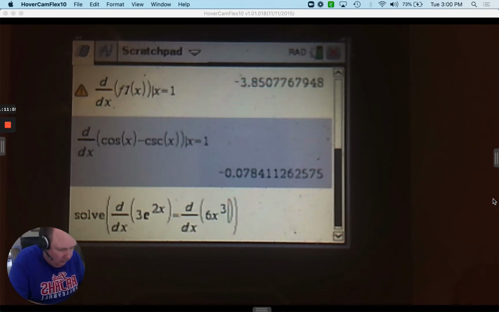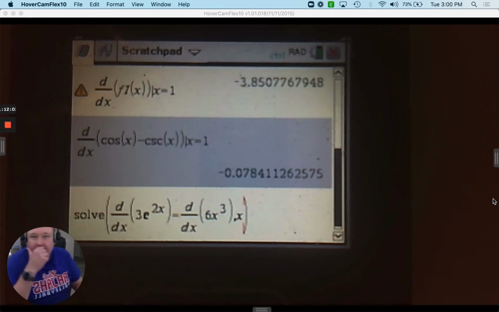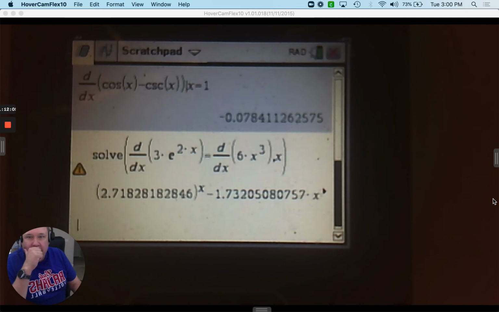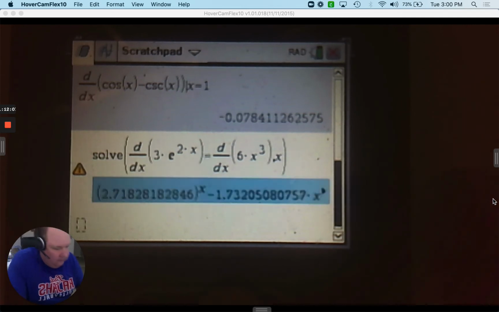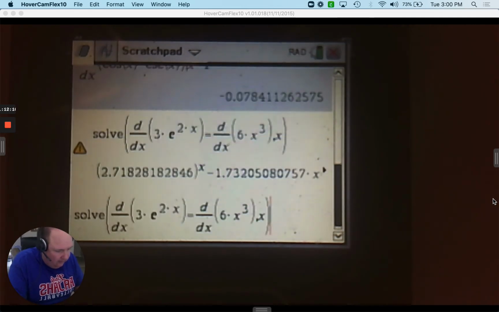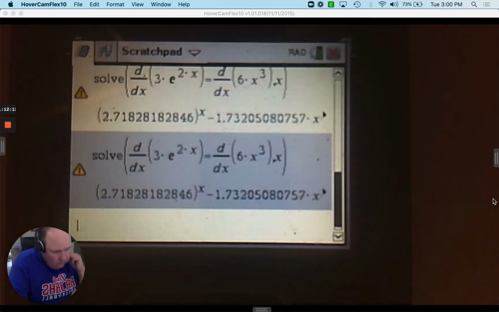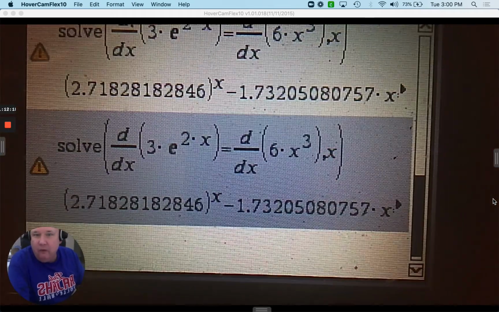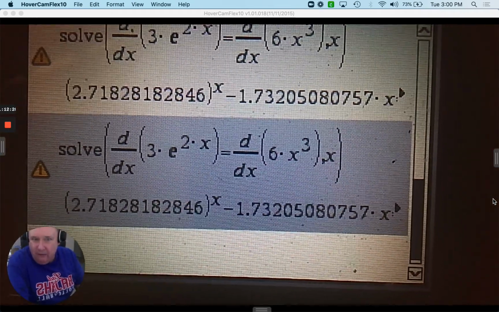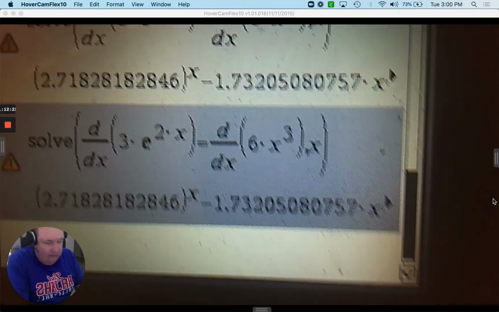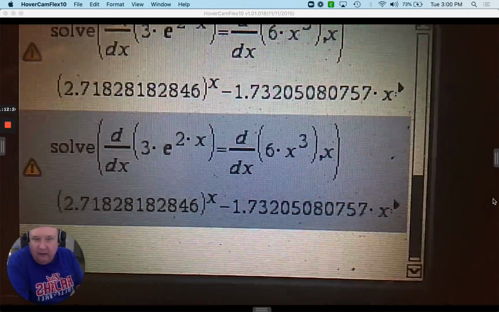And then we're going to go comma x. And then solve it. So at what value, oops, try it again. So the derivative of that equaling the other derivative, comma x, and then this is the answer I got.